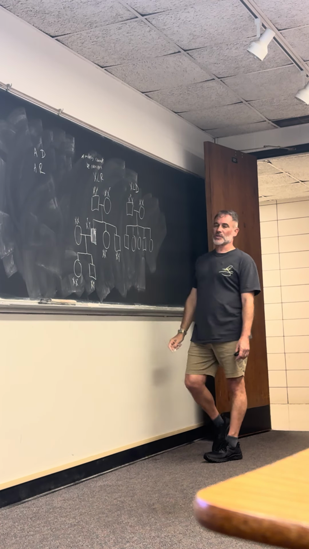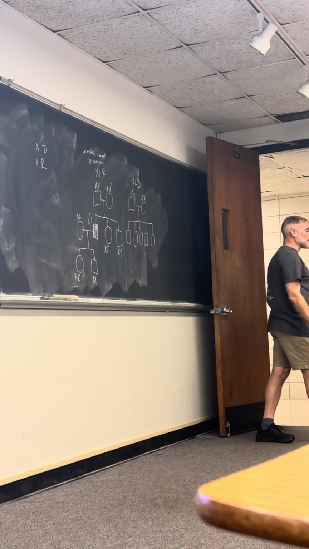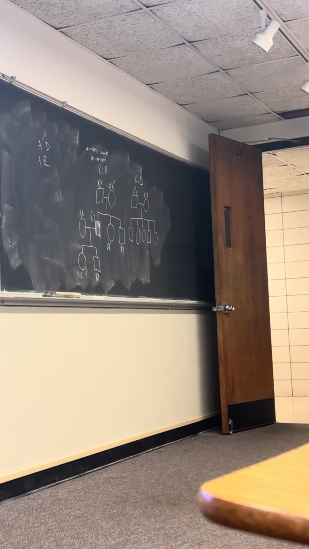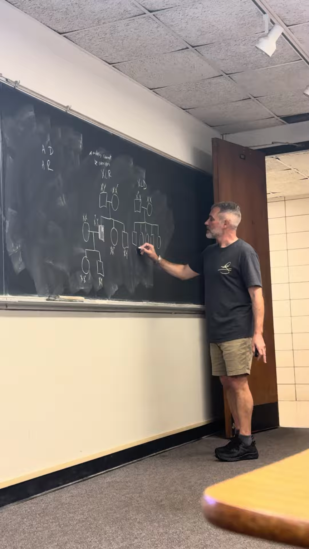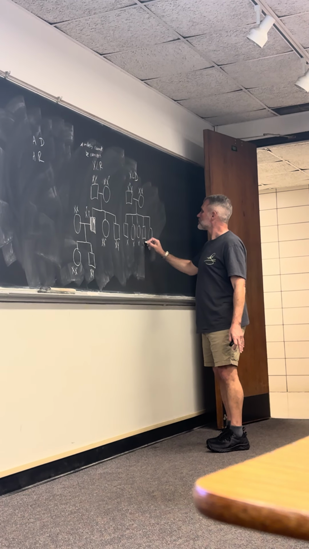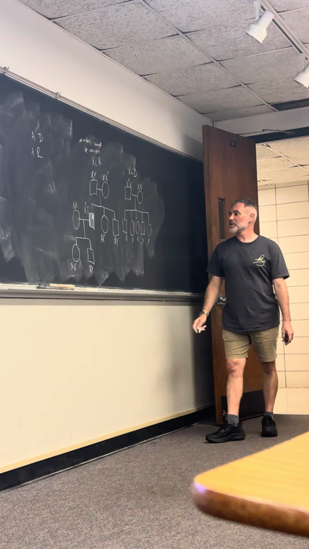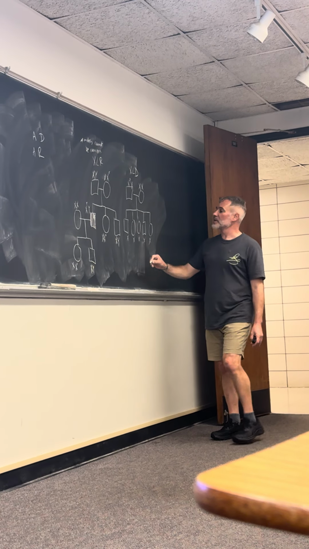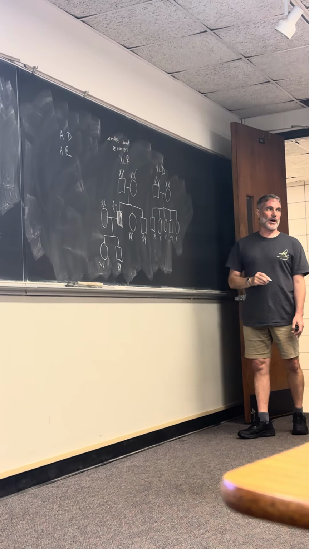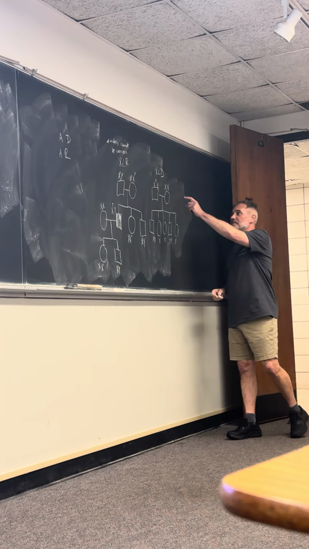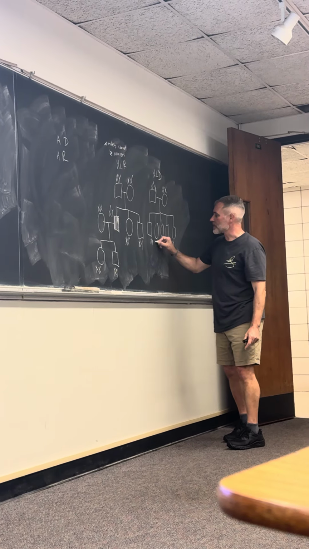But a male determines the sex of his offspring, right? Because the female will give everyone an X. She doesn't determine the sex, but the male will either give a Y to his sons or an X to his daughters. All of his daughters, if they get that X, will have the trait, right?